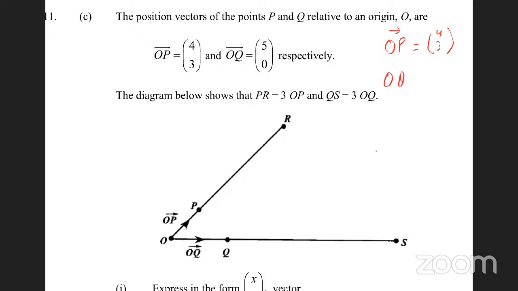Right, we're going to do this first one together. Copy the diagram down, put the important things on your diagram, and then we're going to try to work it out.